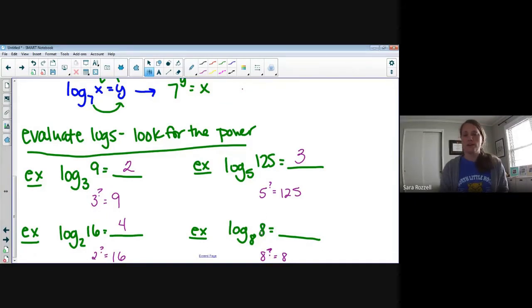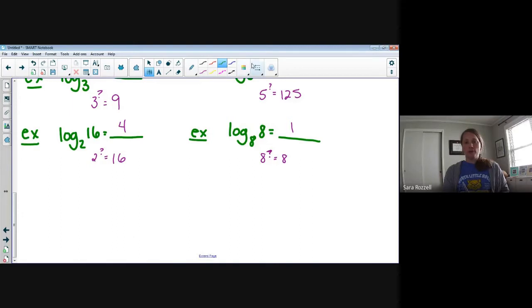Yep, and everybody with their answers coming in, 8 to the first power gives you 8. Anytime these two numbers match, your answer is going to be 1, because that would always be the first power. Any questions on evaluating logs, figuring out what the power is? Thumbs up if we're good for that. Okay.